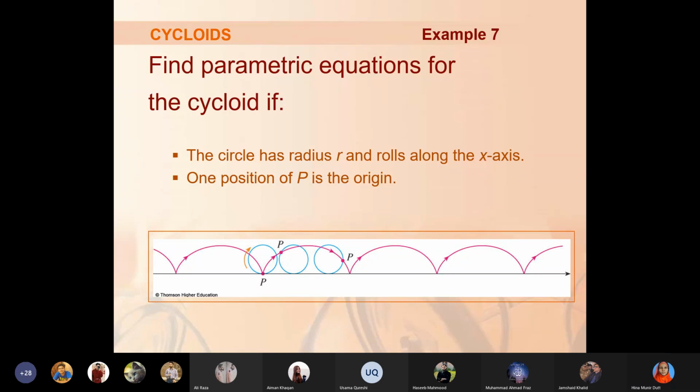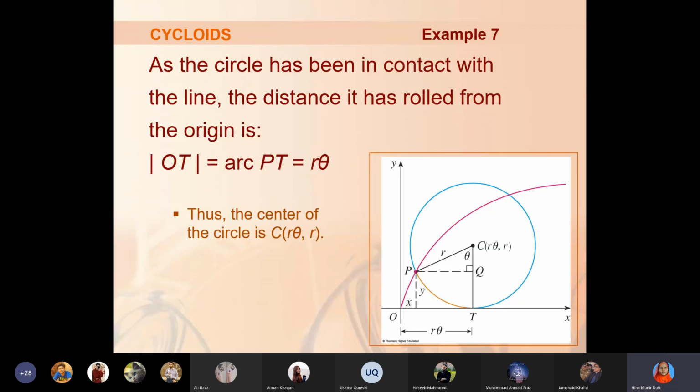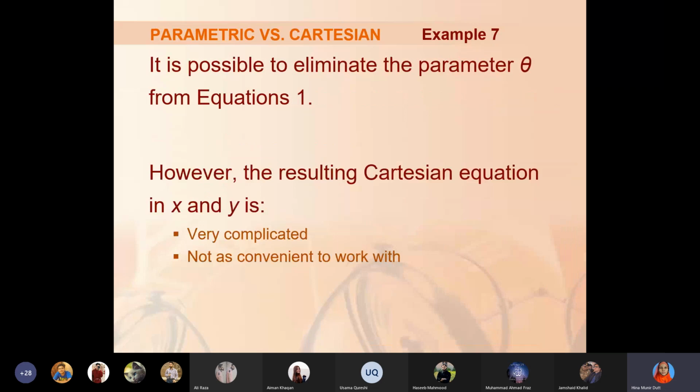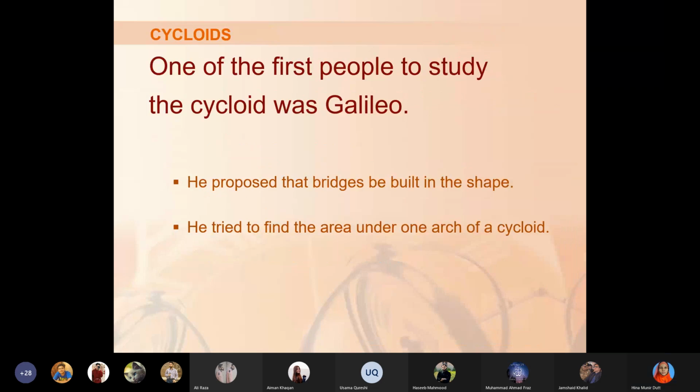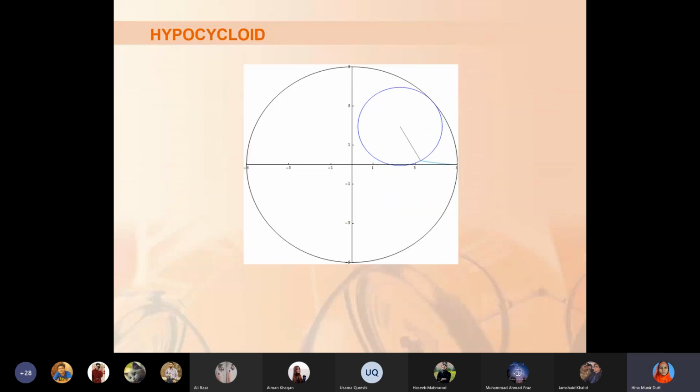Now, this is one example, and we can take some other examples. For example, hypocycloid, in which a circle revolves around the inside of a bigger circle, and then the curve traced out by the point P, which is fixed on the circumference of the circle, is called a hypocycloid.